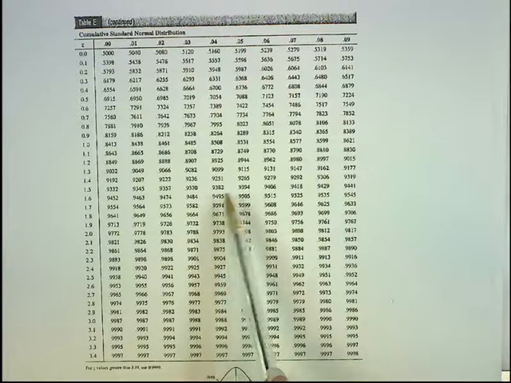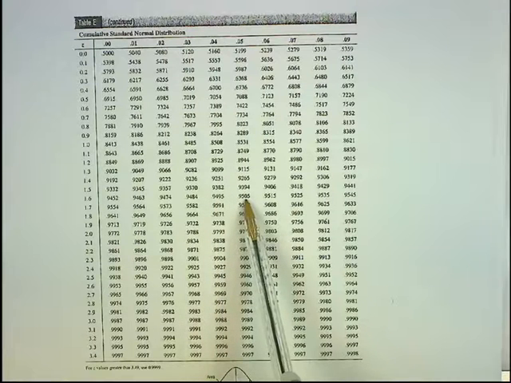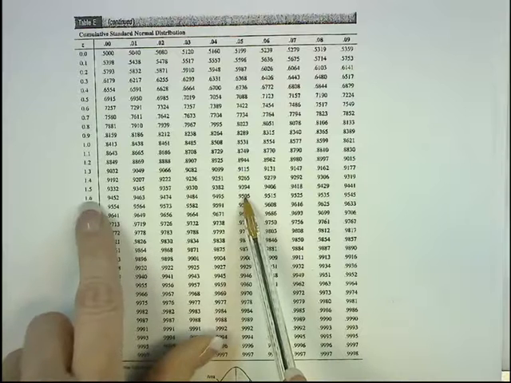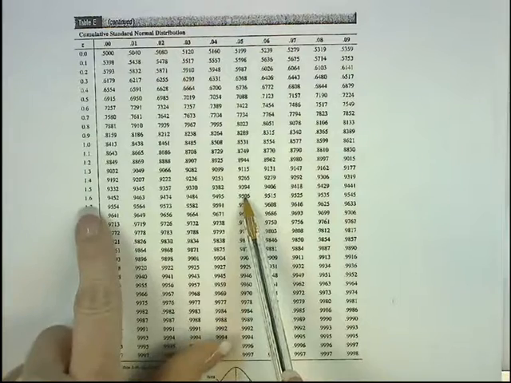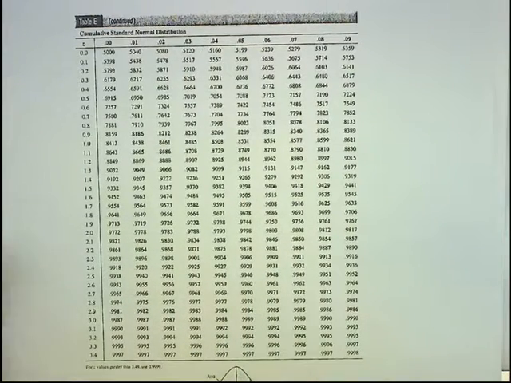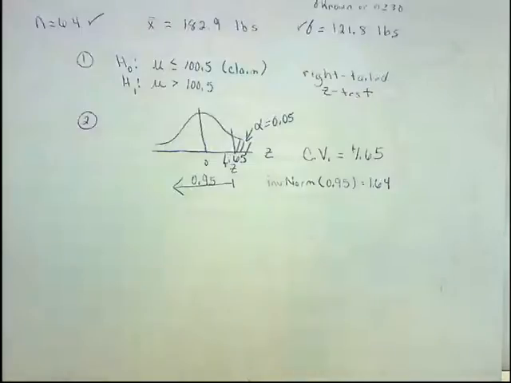And if you work your way out, it's 1.64 here. If you work your way out, it's 1.65 here. So we go with the larger of those two Z-scores in terms of absolute value. So we're here, 1.65. That 1.65 marks your rejection region.